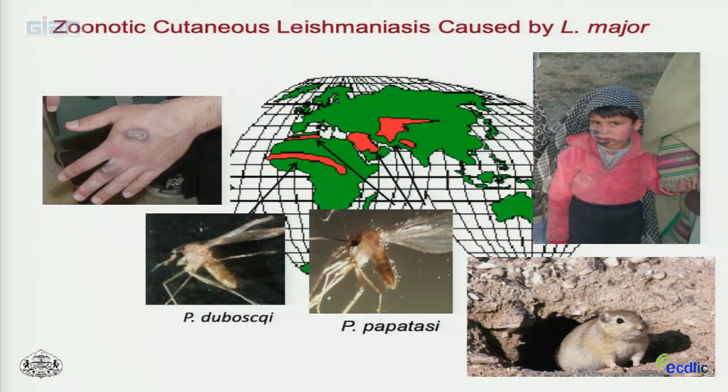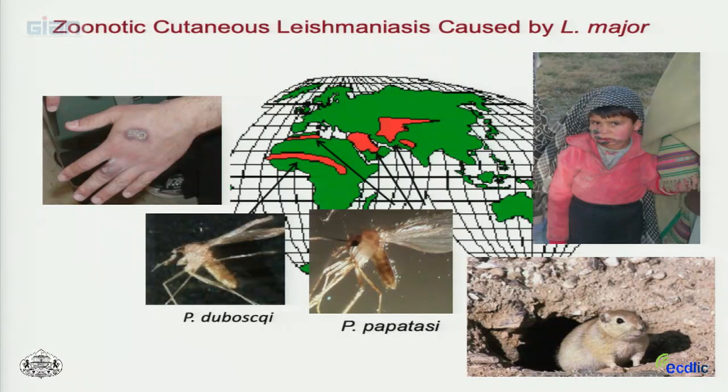These are the natural sandfly vectors. In our vector biology discussions, we talk mainly about Papatasi, which transmits in these areas. A very closely related fly, Phlebotomus duboscqi, transmits in this region of Africa.